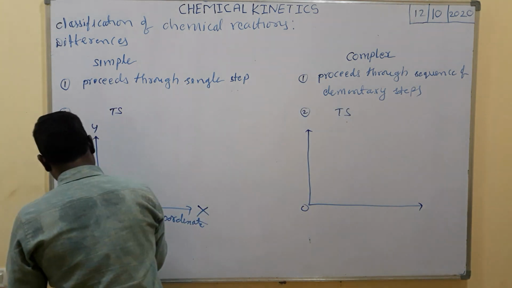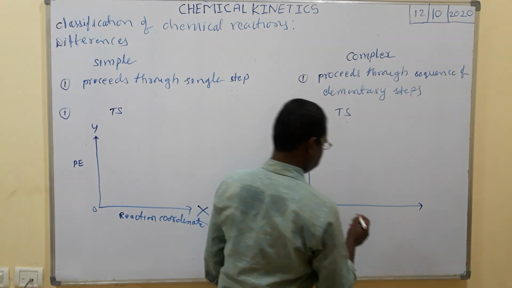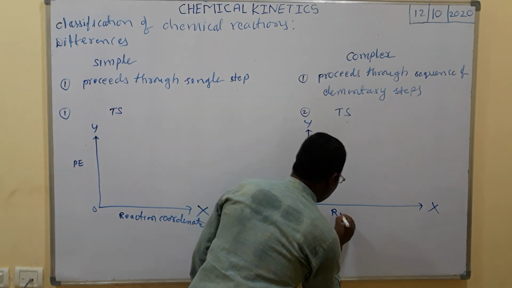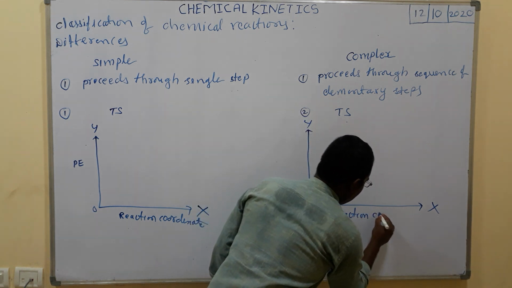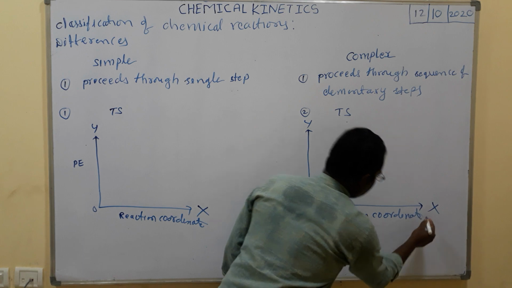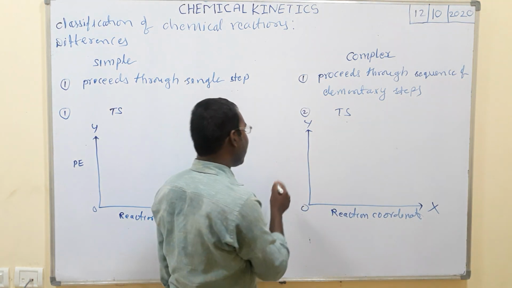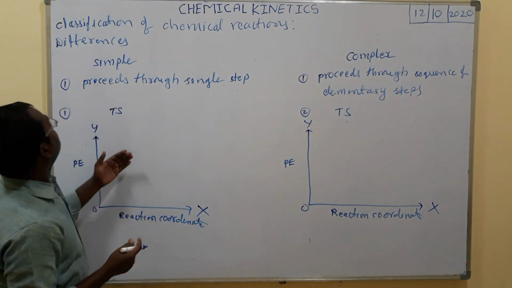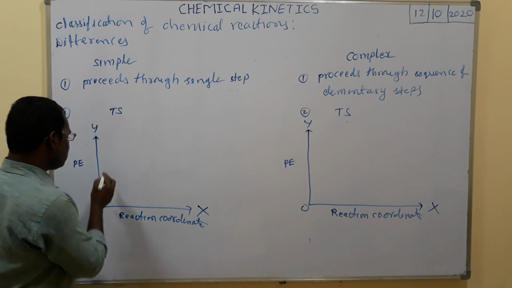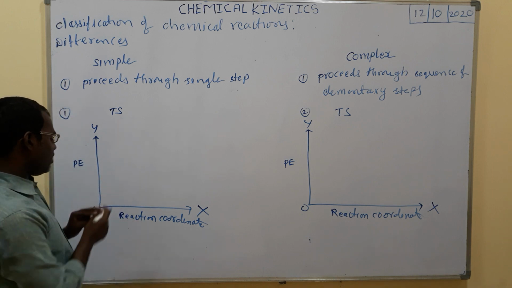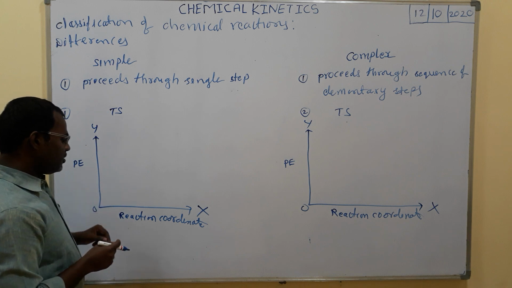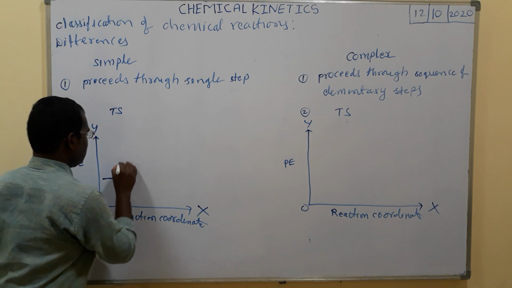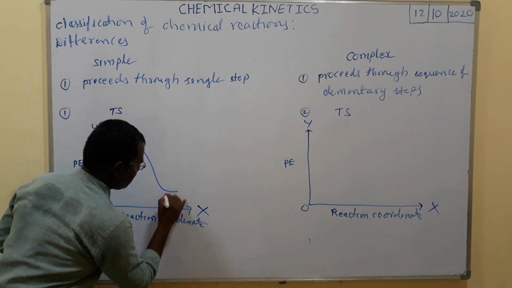Here is the origin. On the x-axis we are taking the reaction coordinate, whereas on the y-axis we are taking the potential energy. Now let us come to the simple reaction. If you plot the graph between potential energy and reaction coordinate, we get the figure in this way.